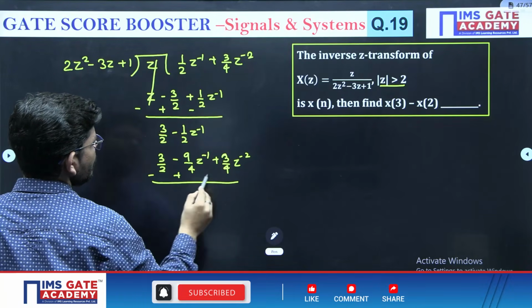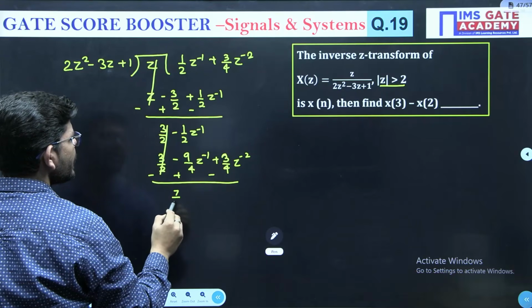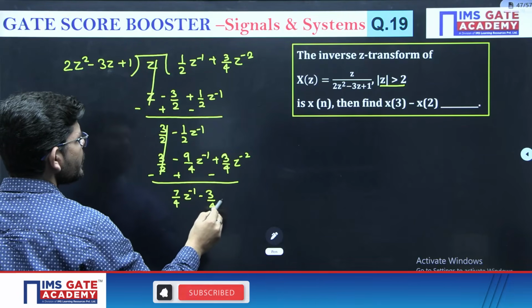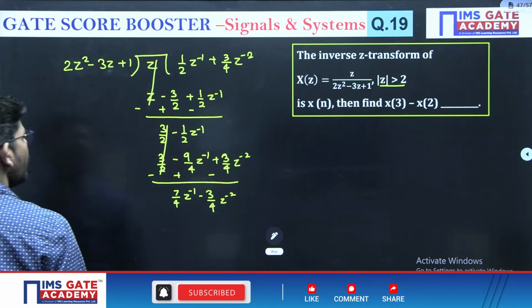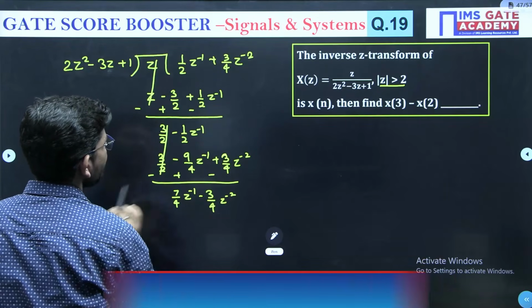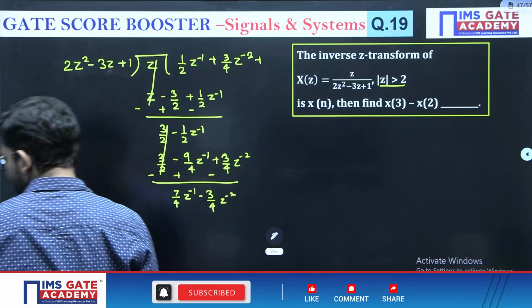Then this will be cancelled, and from here what you will get? You will get 7 by 4 Z inverse minus 3 by 4 Z to the power minus 2. Okay. Now with what factor should I multiply here so that I'll get 7 by 4 z to the power minus 1? Tell me.